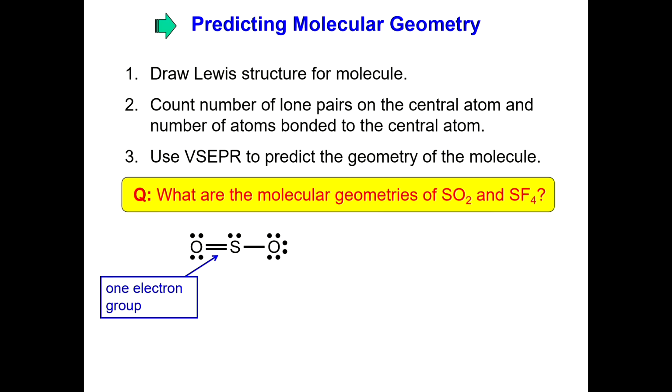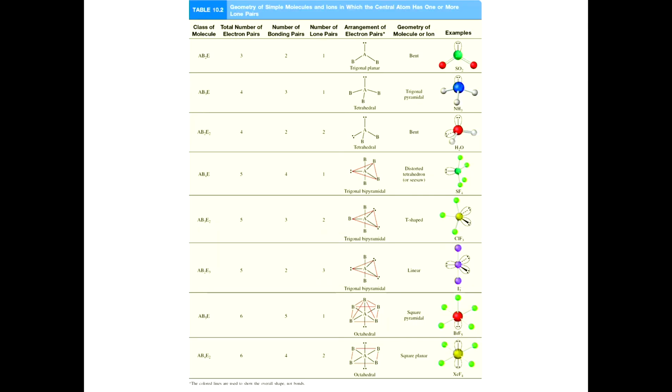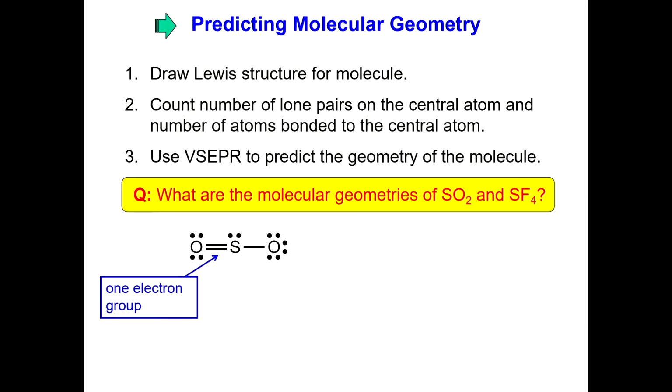Okay, so here we can see two kinds of molecules. One is without lone pairs. Another one has lone pairs. So we also introduced how to predict the molecular geometries.